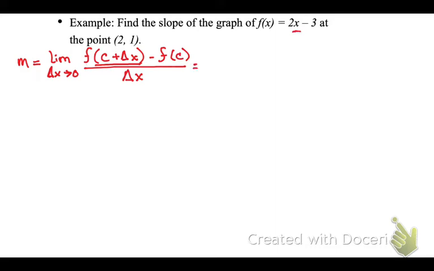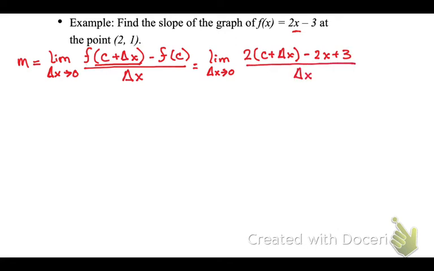Yep. Okay, so I have the limit as delta x approaches 0 of 2 times c plus delta x minus 2x plus 3.